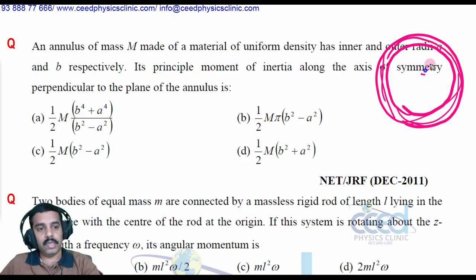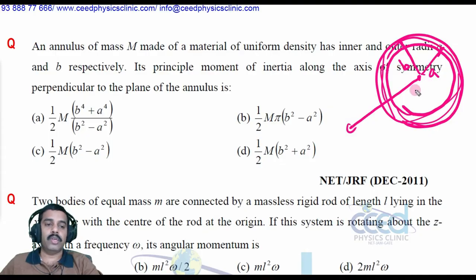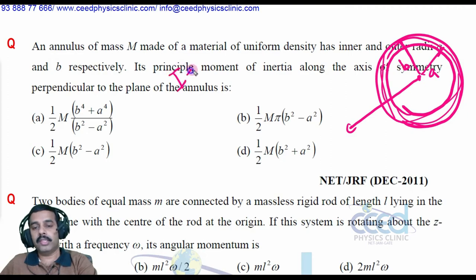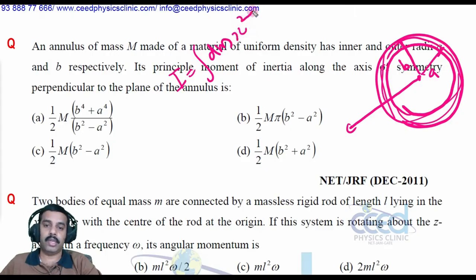So its inner radius is A and outer radius is B. Now we are asked to find the moment of inertia perpendicular to the plane. To calculate the moment of inertia, we have to solve the equation I is equal to integral dm x square.